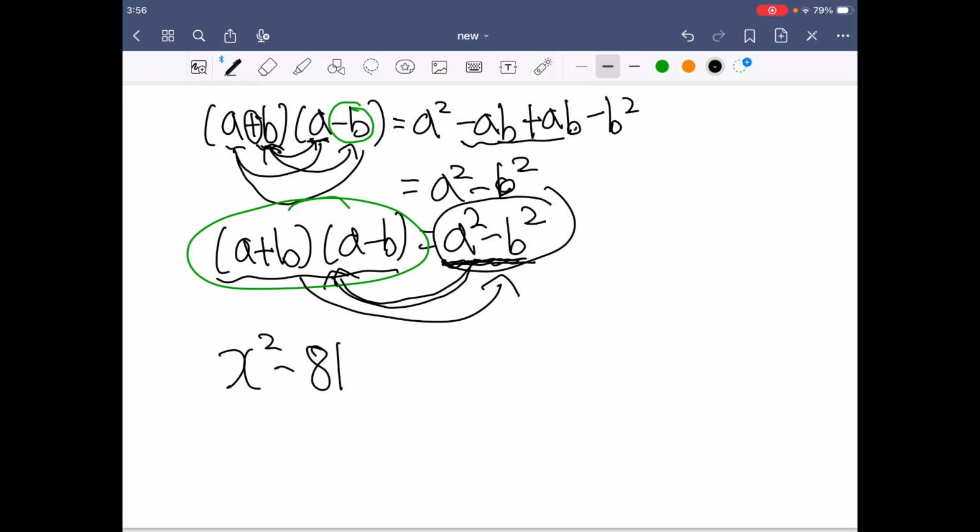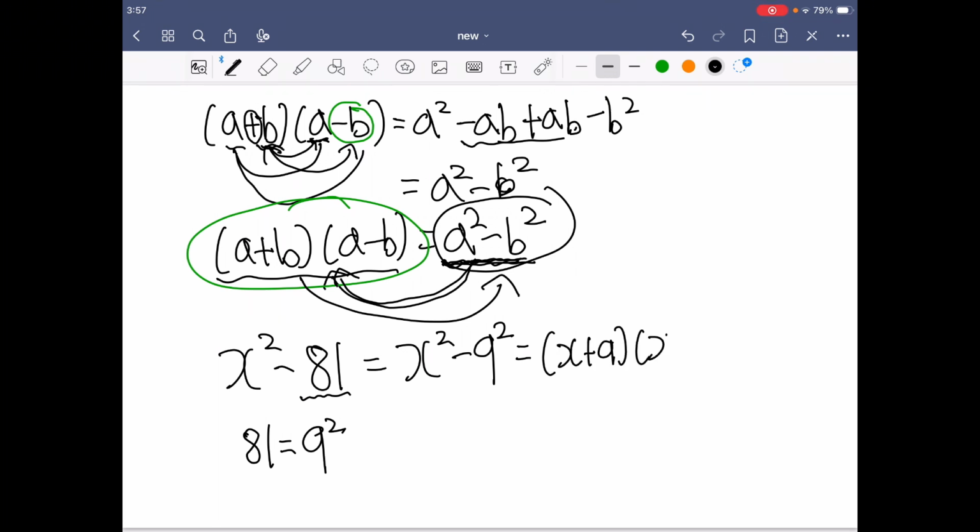In this case, you might think this is not a square, but if you really think about it, 81 is equal to 9 squared. So it will be x squared minus 9 squared, and that's how you get x plus 9 and x minus 9. Now that you've learned this formula, you should be able to factorize this kind of expression, the difference of two squares.